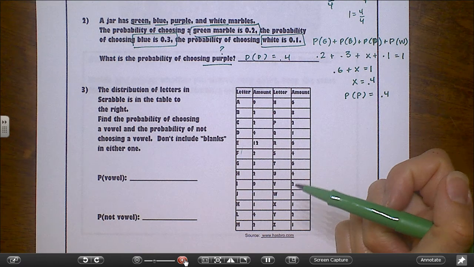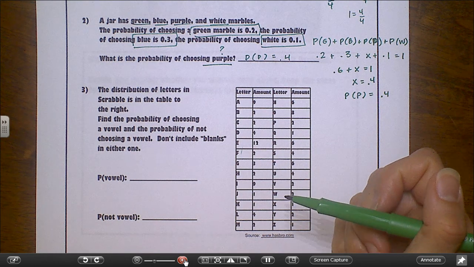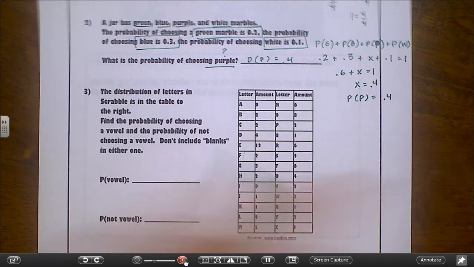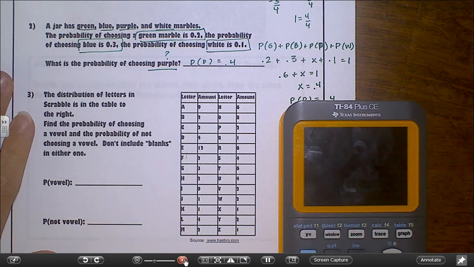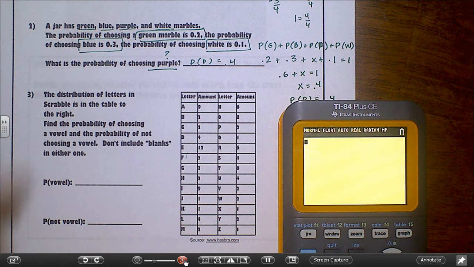So the first thing you'll have to do is total all of these up. I actually want to say they total up to 98, but I don't remember because I feel like it was 100 and then the 2 blanks, but let's see if I can read this. It's really small. 9 plus 2 plus 2 plus 4 plus 12. Lots of E's.